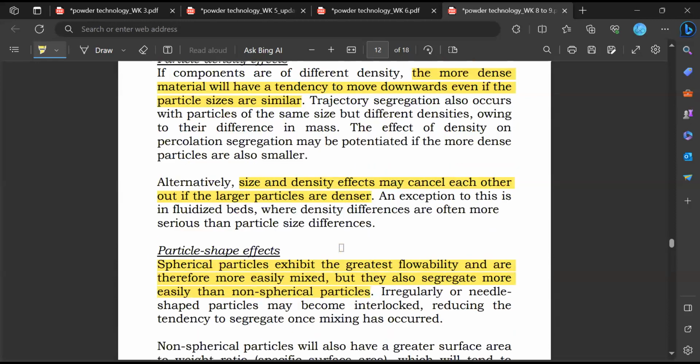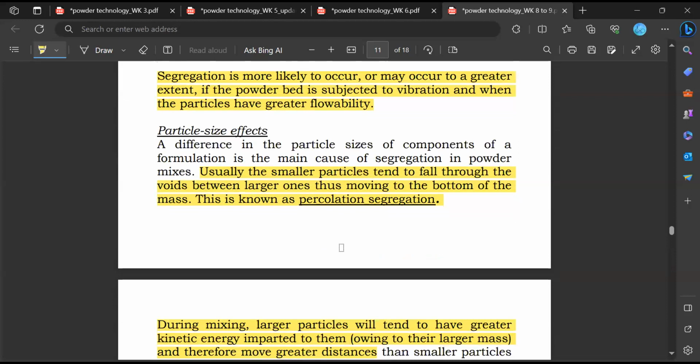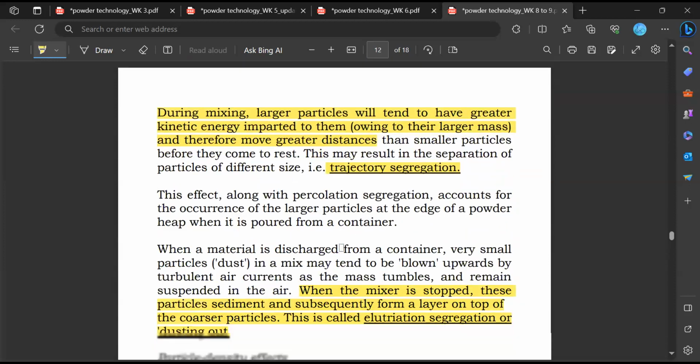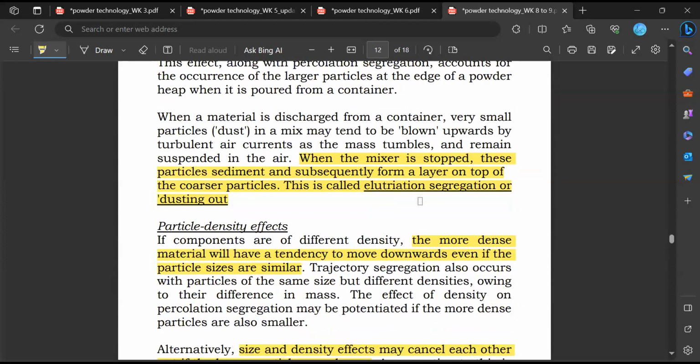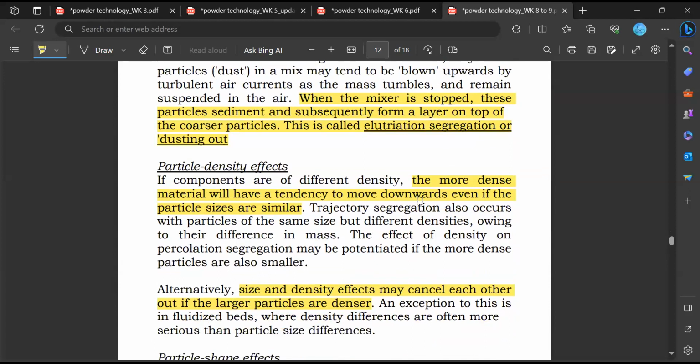Yeah, so when you're talking about segregation, what affects it? First is vibration. When you subject the powder bed to vibration, the particles will have a greater flowability and segregation will occur. Then particle size effects: percolation, trajectory, and elutriation segregation, or dusting out.